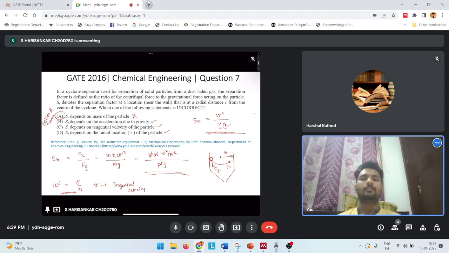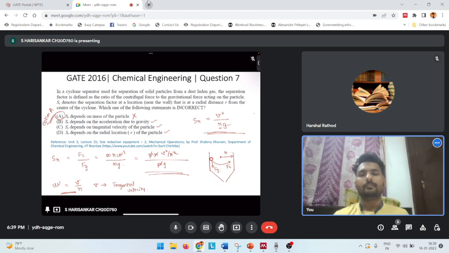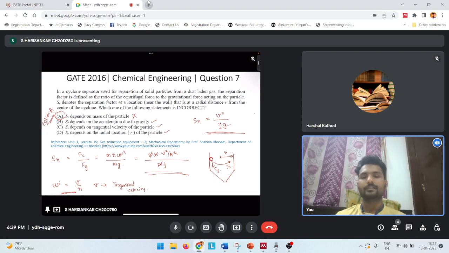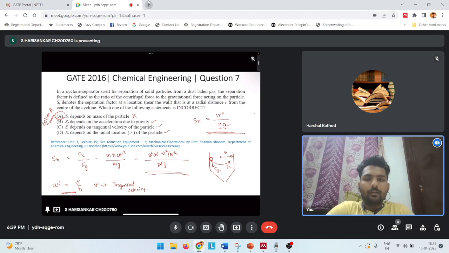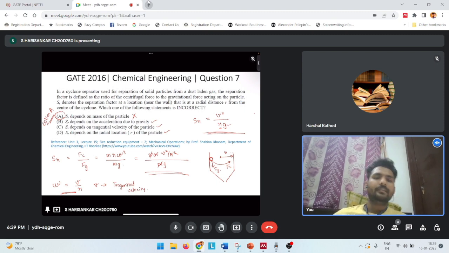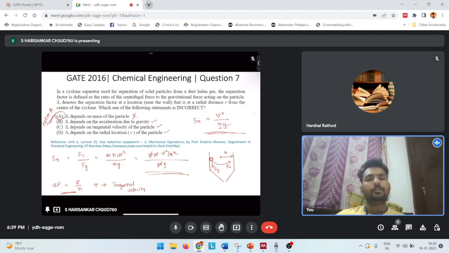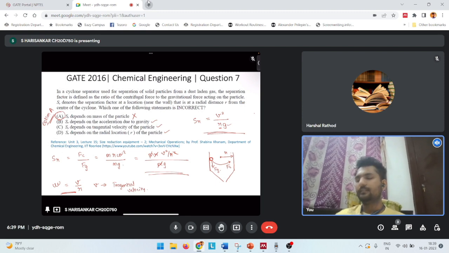Right. So this is basically just a repetition of what we just did in the last few slides. So the separation factor will basically depend on v square, or the tangential velocity of the particle, radial location of the particle, as well as the acceleration due to gravity.